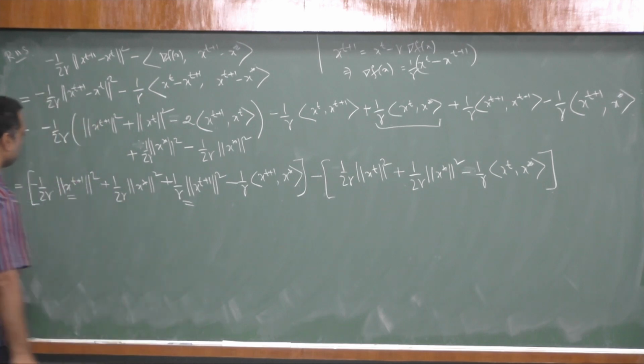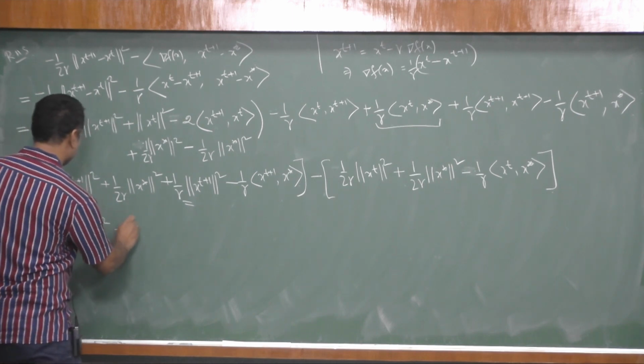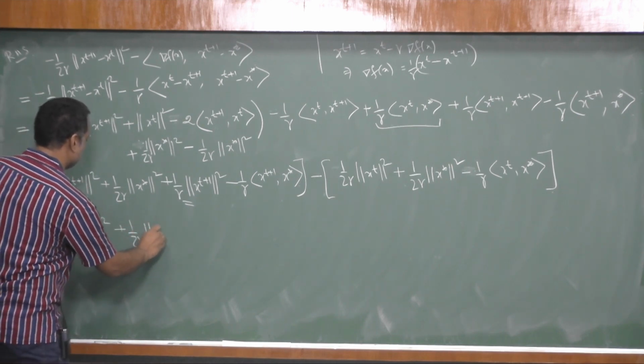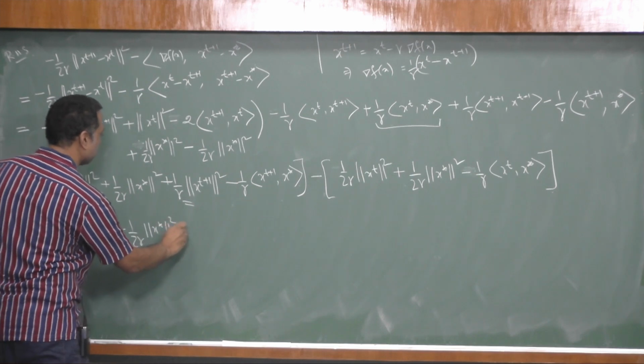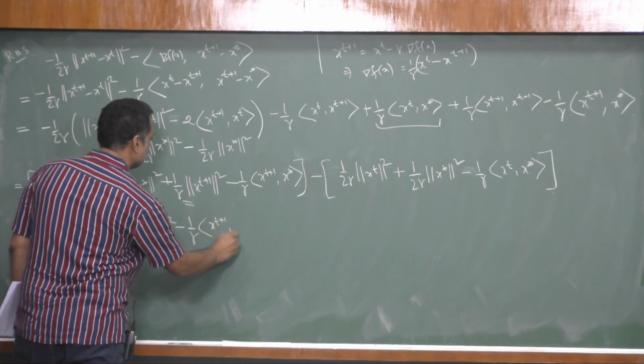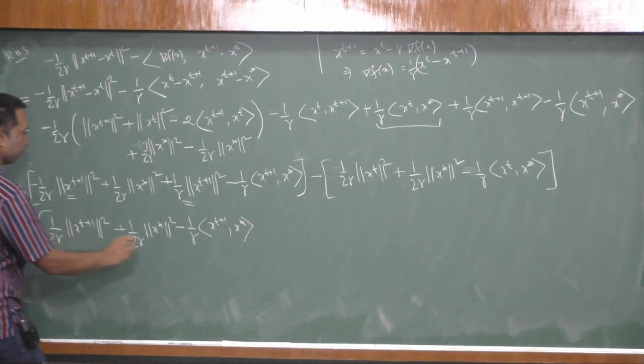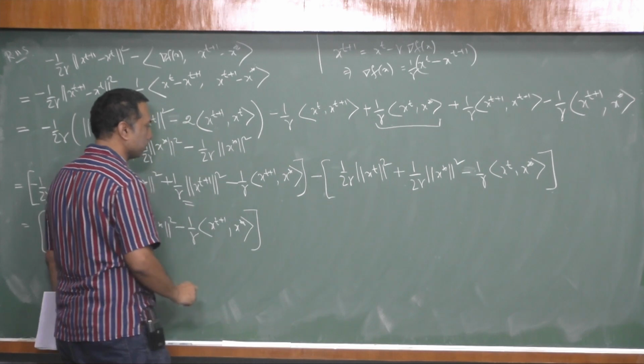So this gives me 1 by 2 gamma norm of xt plus 1 whole square, norm squared, and then other things are set. Okay, so 1 by 2 gamma norm of x star squared minus 1 by gamma xt plus 1 x star. So this guy is also set. This is squared and this is squared, right.